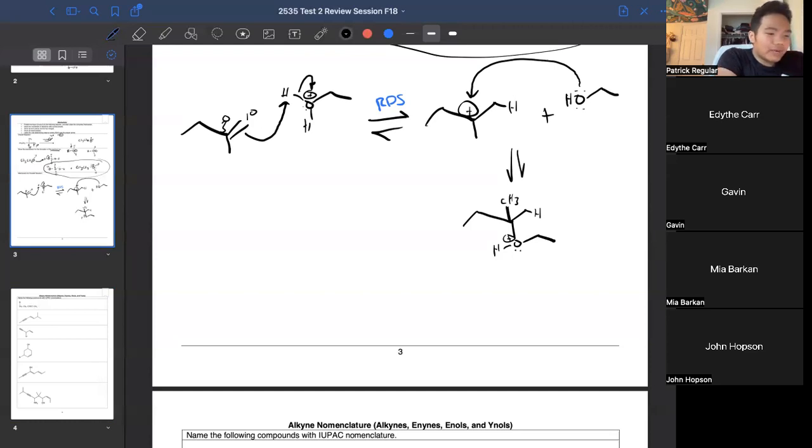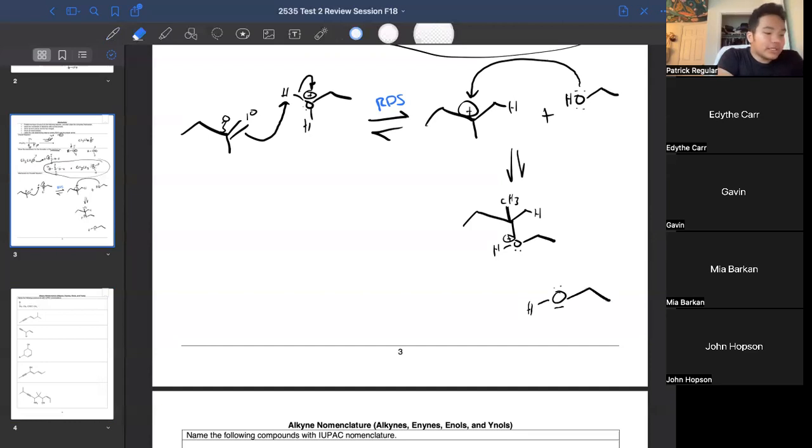Now you might be thinking, how do I make this into an ethoxy group? How do I get rid of that H? Well, you have another OH right here, just floating around in the solution. And if you take lab, the thing you do for this is that you add excess alcohol so that they can act as bases and basically take away that hydrogen.